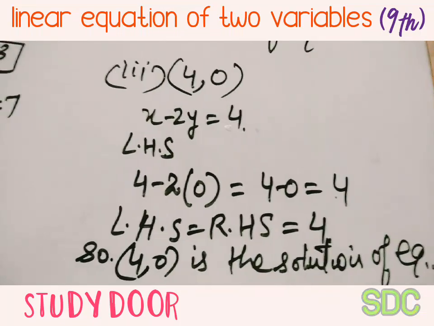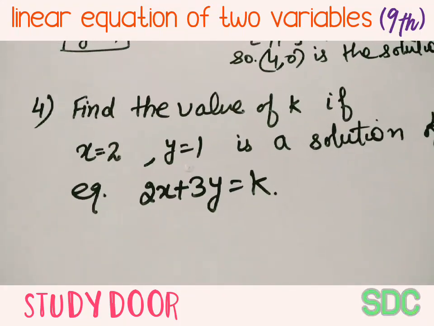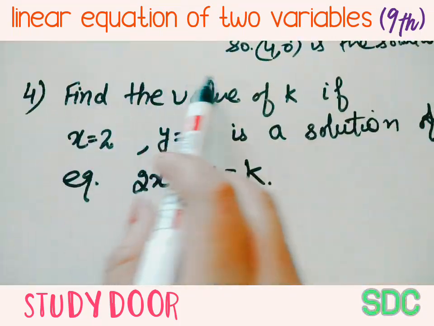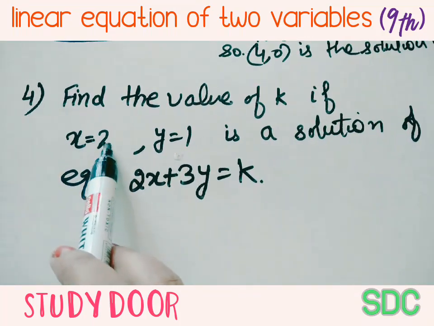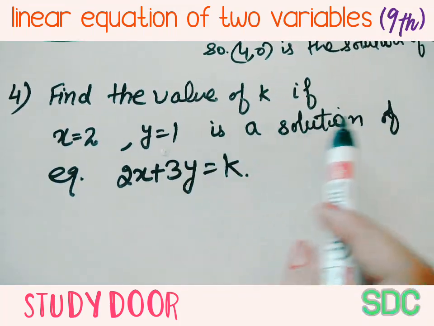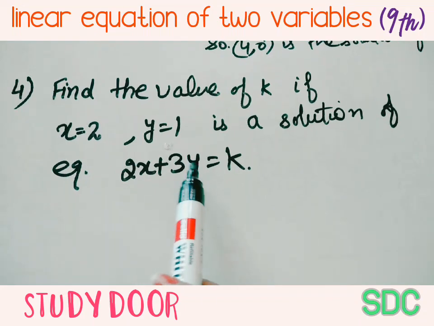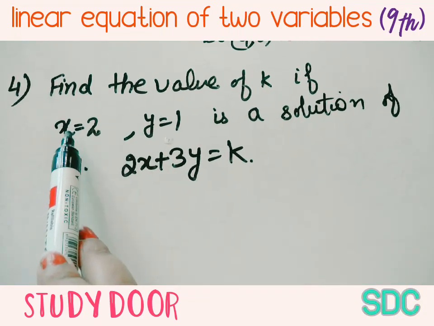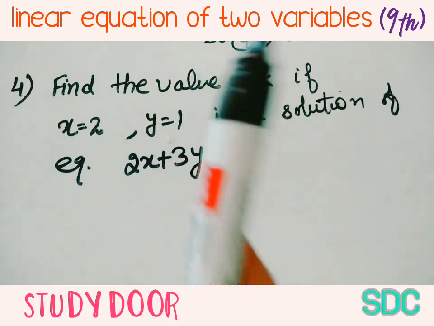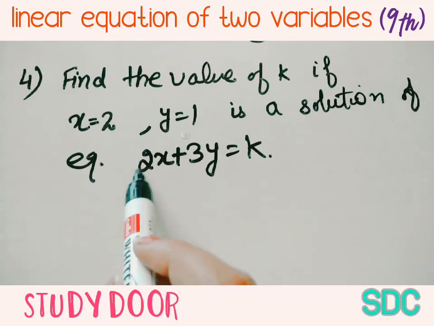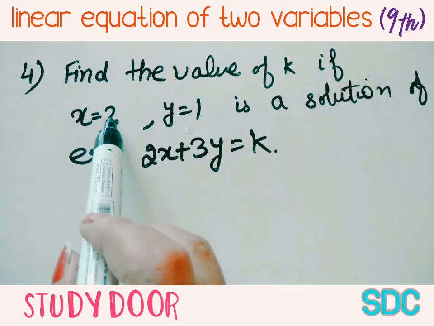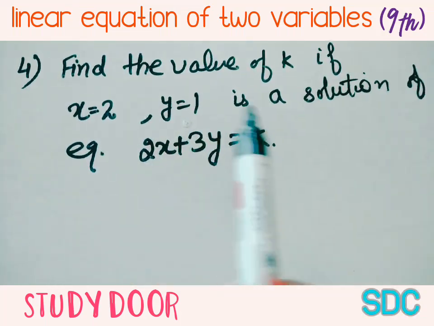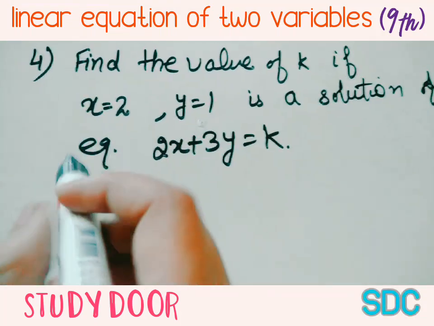Now our fourth sum is: find the value of k if x is equal to 2, y is equal to 1 is a solution of the equation 2x plus 3y is equal to k. Now we have been given a solution, x is equal to 2 and y is equal to 1. Now we can say that these values satisfy the equation.